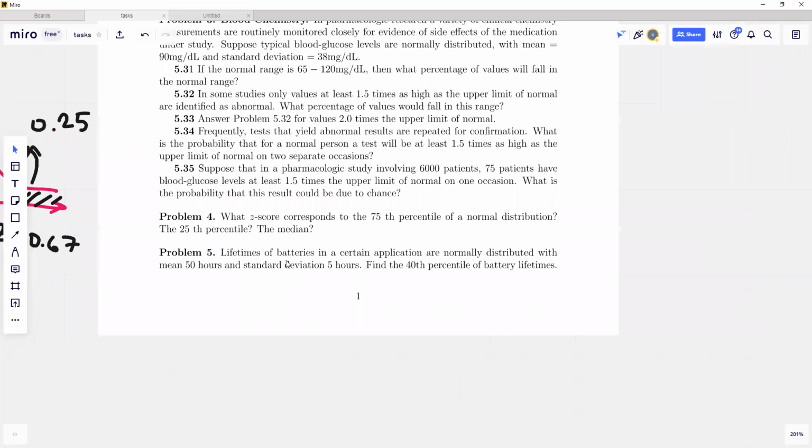Okay, lifetimes of batteries in a certain application are normally distributed with mean 50 hours and standard deviation 5 hours. Find the 40th percentile of battery lifetimes. So mean is 50 and standard deviation 5. We need to find the 40th percentile. Now let's show that using RStudio.